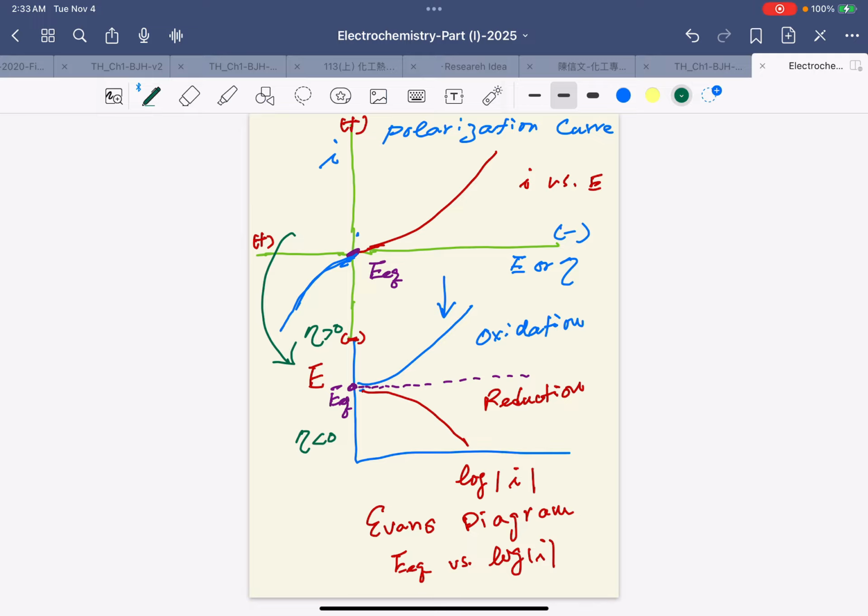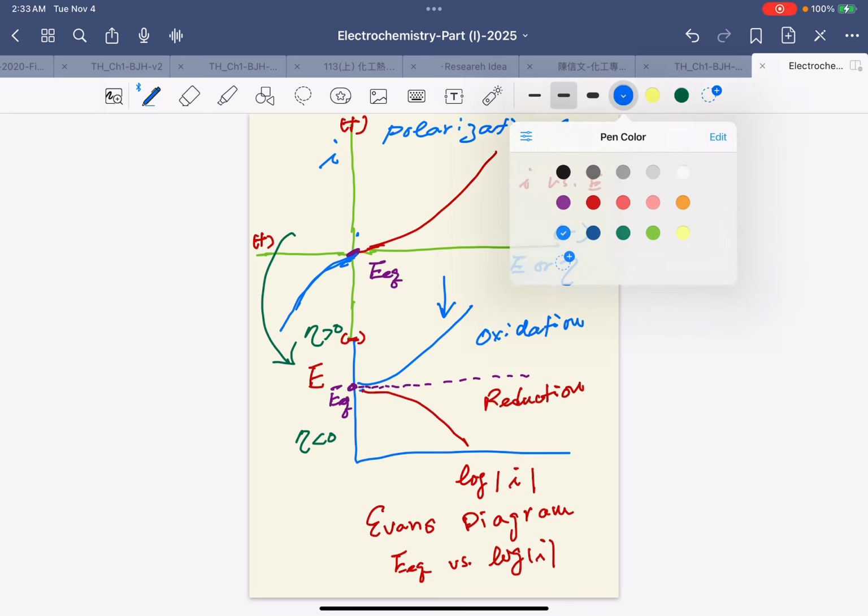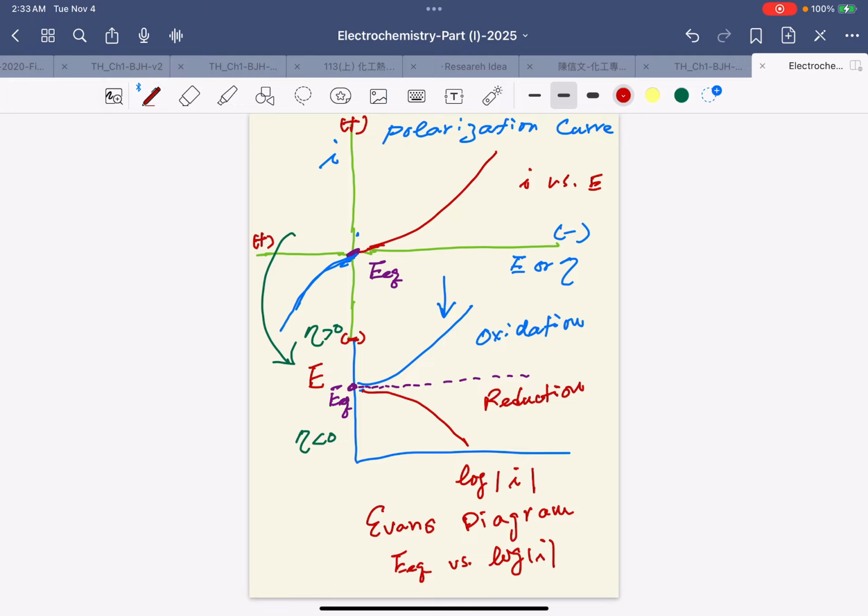In this case, this oxidation reaction is just the reverse of the reduction reaction. So this is just a reversible reaction.